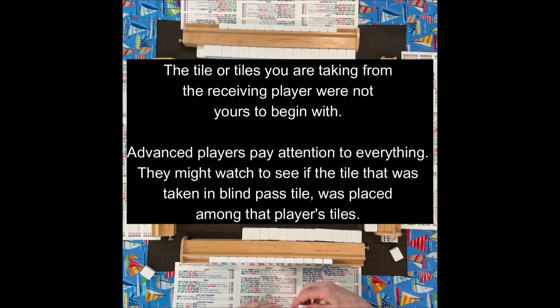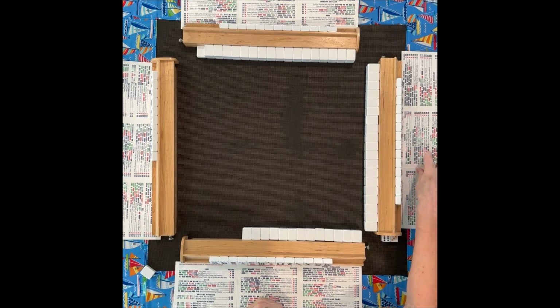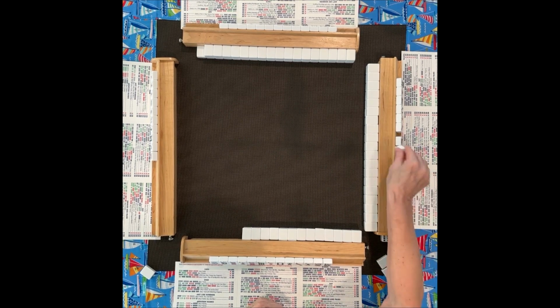And let's just say you looked at them and you place them down with the tile you looked at in the middle, and the receiving player picked up that middle tile and placed it amongst their tiles. It would be very telling. It would more than likely mean that they are using a 7 dot. All right, so let's go ahead and back that up.